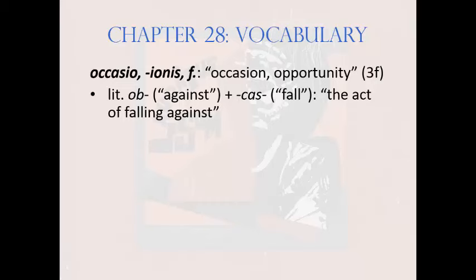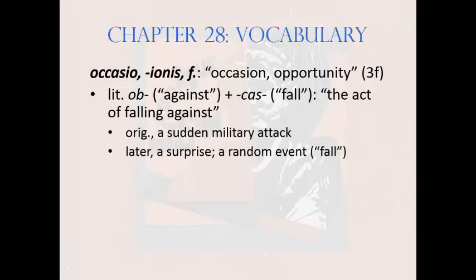So it means literally the act of falling against something. In a military context, the implication is a sudden attack. From there, the sense generalized to mean any kind of surprise or random event, anything that unexpectedly befell a person. It was an easy step from there to an opening or opportunity.